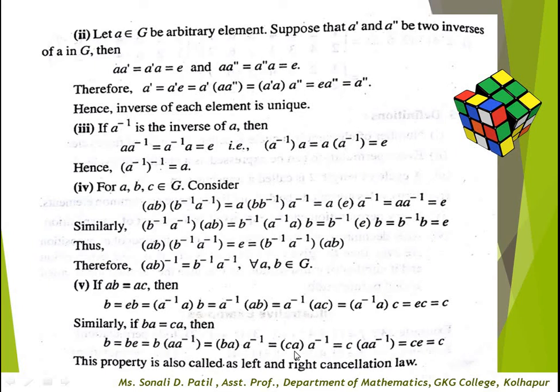It's CA, so here we can put the value of BA as CA. So C A A inverse; again by using the associative property we can change the bracket, so we take a bracket on A A inverse. What is the value of A A inverse? It's E, the identity property, and CE is equal to C by using the identity property. This property is also called the left and right cancellation law.